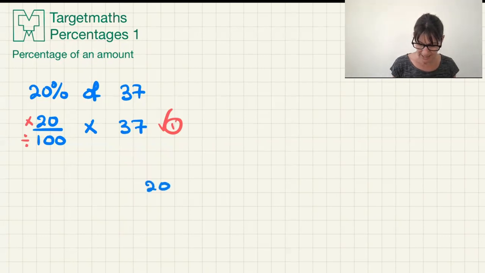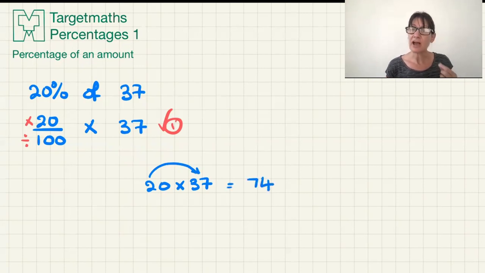So 20 times 37. This one's fairly straightforward because I've got this 0. When you've got a 0, you can just ignore it. So I'm going to forget it's there and say 2 times 37. 2 times 37 is 74. Then I remember I ignored that 0 and pop it on the end.